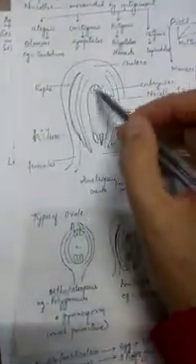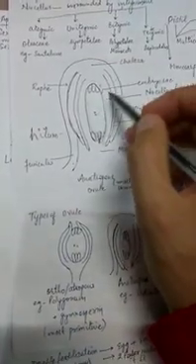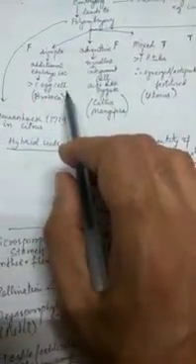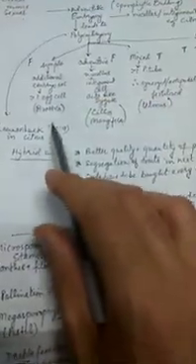A simple polyembryony is when sometimes in an ovule there will be more than one embryo sac developing inside, so there can be 2 embryo sacs or 3 embryo sacs. So when more than 1 embryo sac is present in an ovule, that means if embryo sacs are more in number, eggs are also going to be more in number. This is called simple polyembryony.